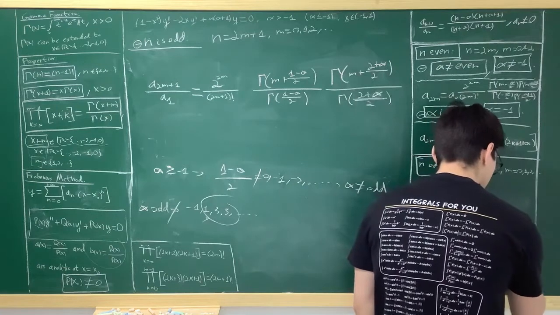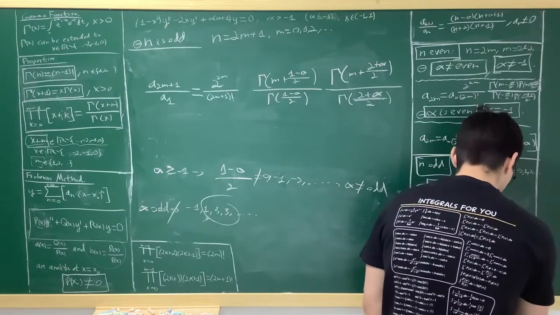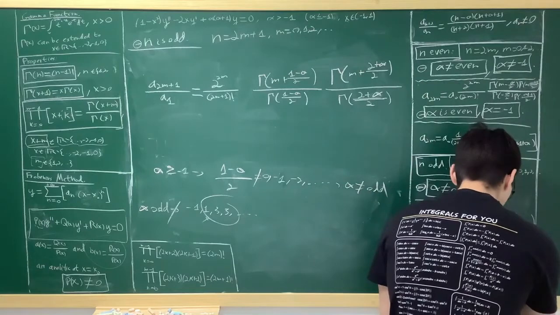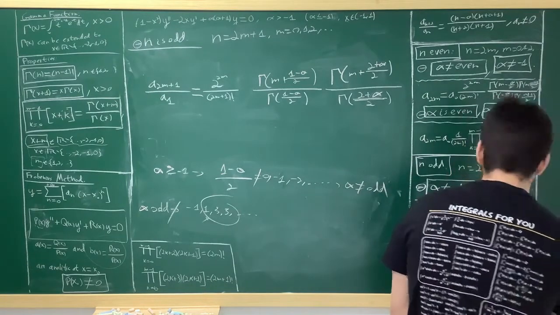So let's see if I can fit it all in here. Gamma and gamma. So it will be gamma of 1 minus alpha over 2 and gamma of 2 plus alpha over 2.